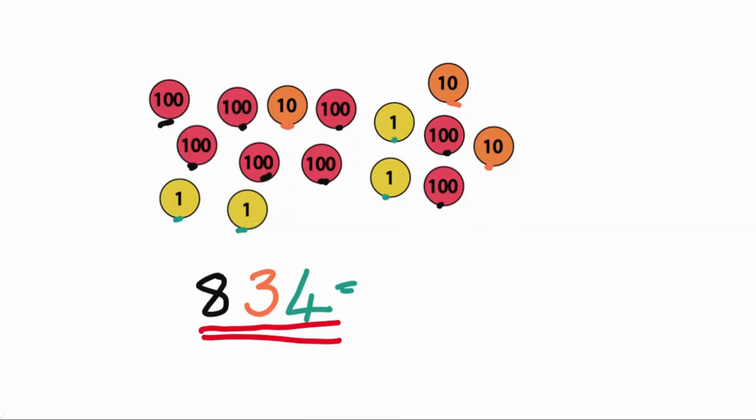But now what we need to do is write that number in words. We've done it in numerals first, and now we're going to do it in words. So how do we spell 834? Let's make sure that this is working. How do we spell 834?